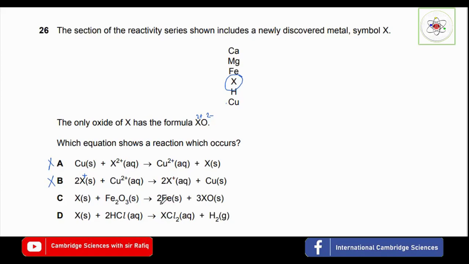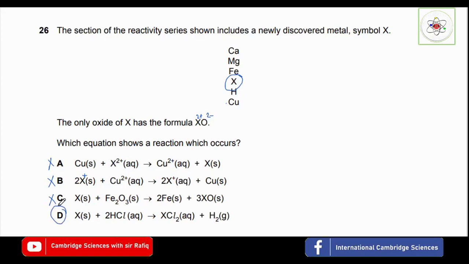Can X reduce iron? No, X is below iron in the reactivity series, so X cannot reduce iron oxide, right? So X can displace hydrogen from an acid. Yes, X can, because X is above hydrogen in the reactivity series, and obviously X is forming XCl2, and it clearly shows the correct oxidation number or valency of X. So this is the correct answer, right?